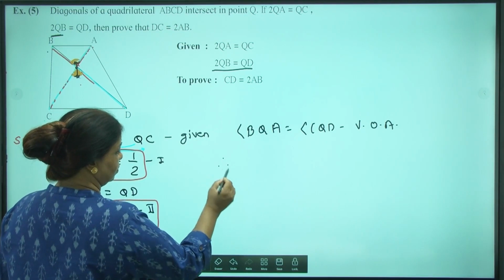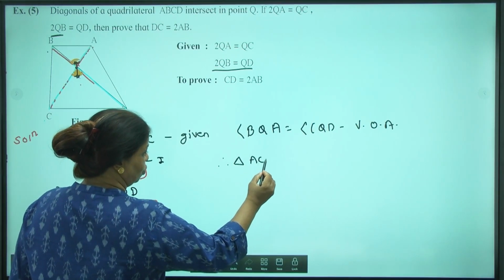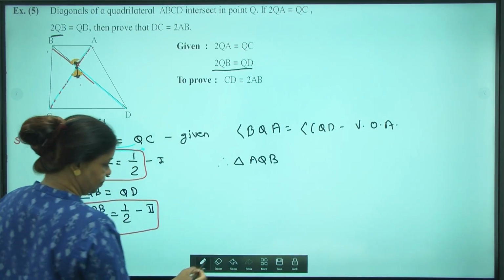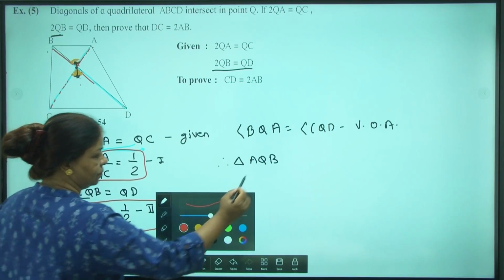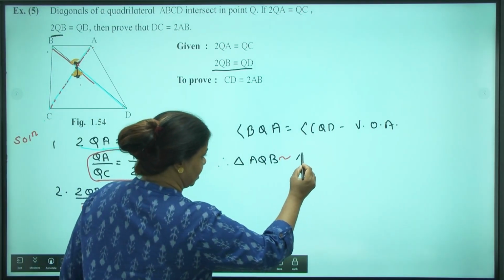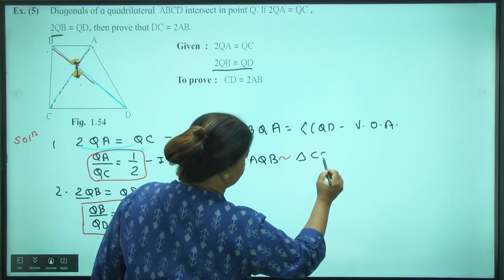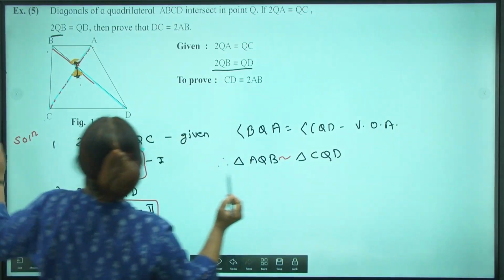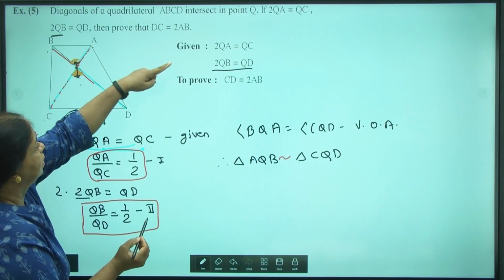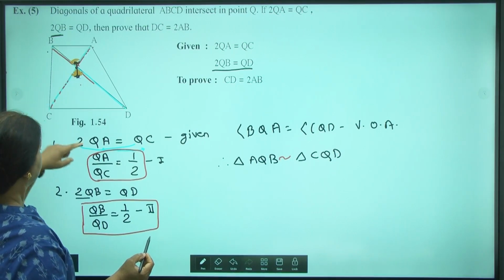Therefore, triangle AQB is similar to triangle CQD, because see, QA, QC.